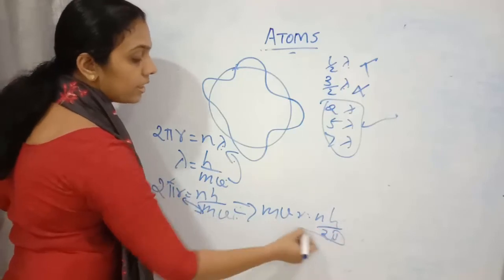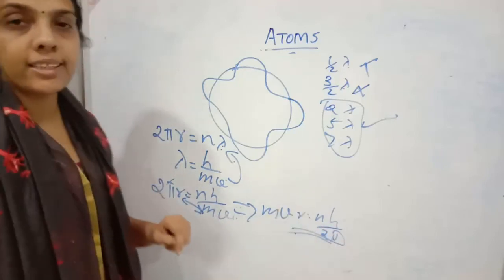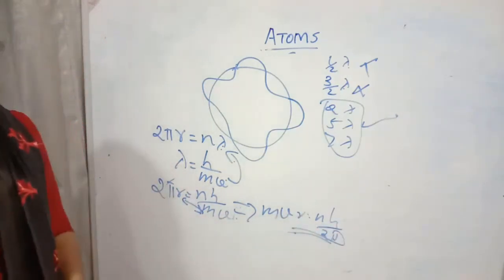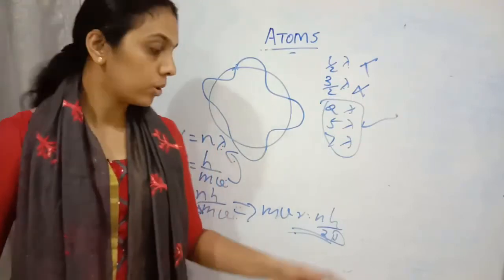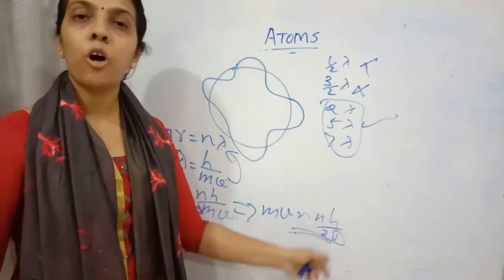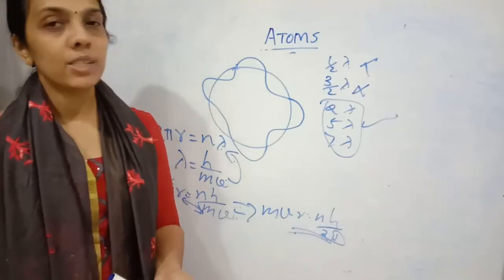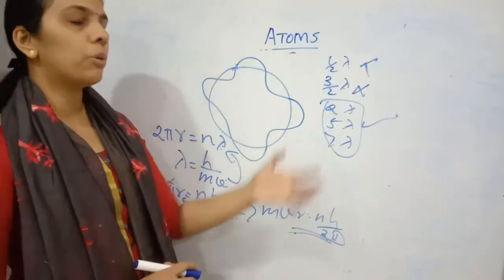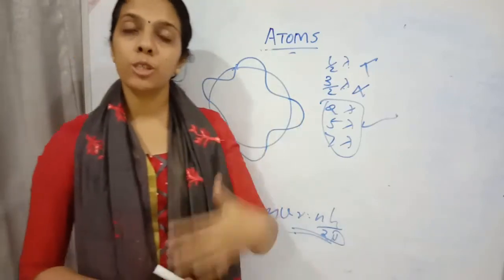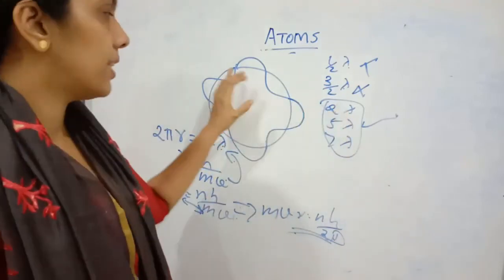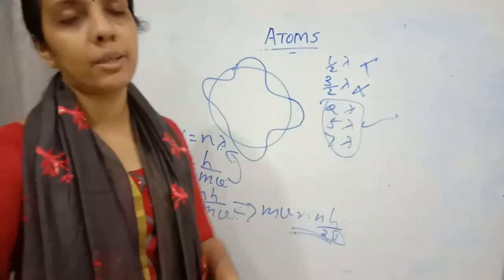This was Bohr's postulate, right? mvr is the angular momentum, and angular momentum is equal to an integral multiple of h by 2 pi. Thus we proved Bohr's second postulate using de Broglie's hypothesis.